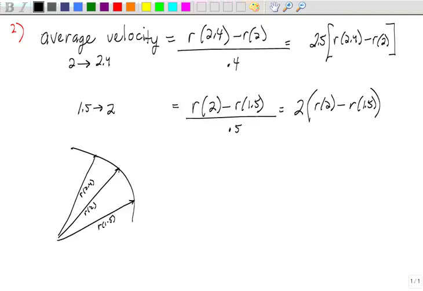Okay, the difference between r of 2 and r of 2.4 is really small. So I'm going to say this is approximately 2.8.